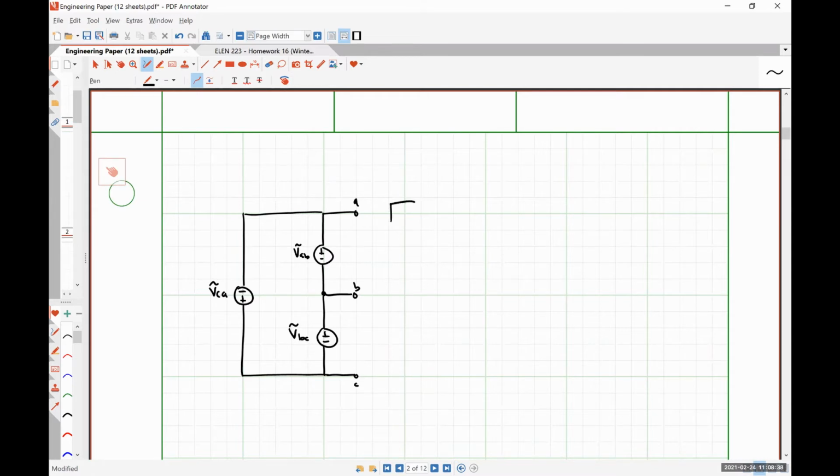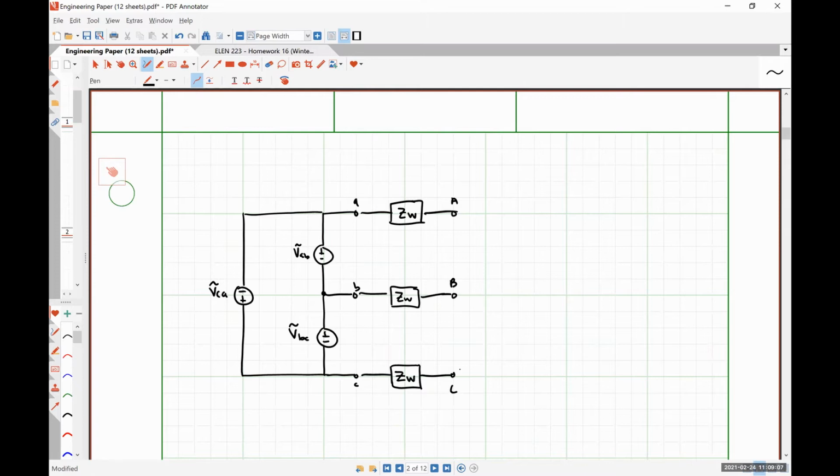I know that I have a transmission line impedance that's given to me, so I'm just going to call that ZY, put it there. I've got one for this portion as well. And I've got one for this guy also. Here is my terminal B and terminal C for my load.